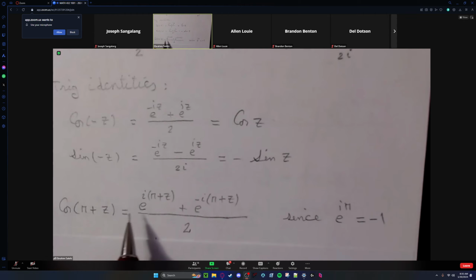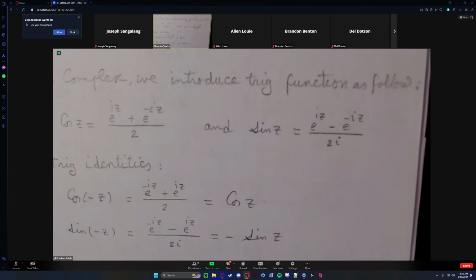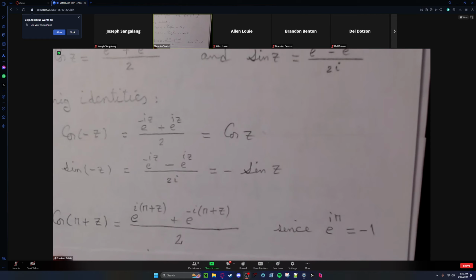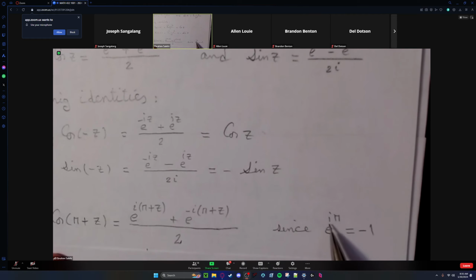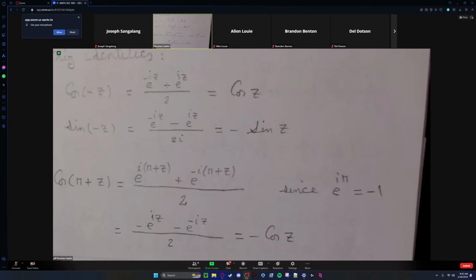You go ahead and replace in the definition of cosine z by pi plus z. This is what you get. But on the other hand, we know that e to the i pi is negative 1, right? So you replace those negatives right there, and you will get this identity, okay?